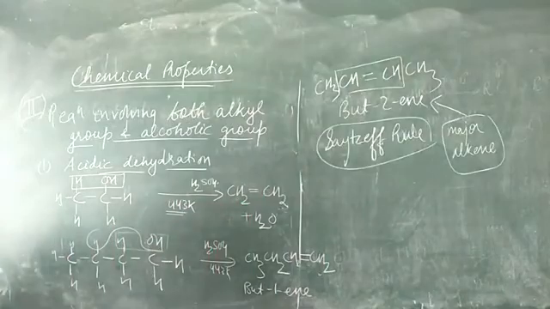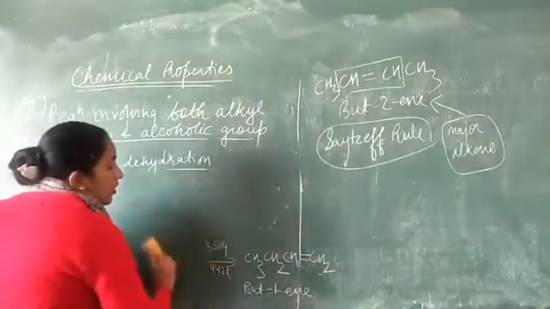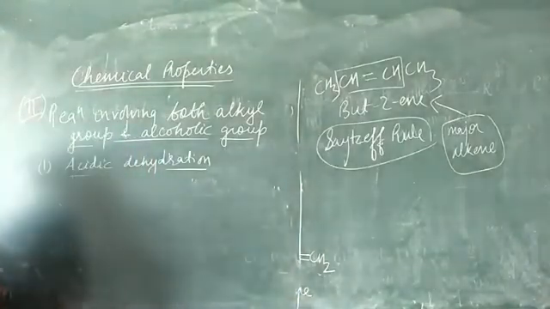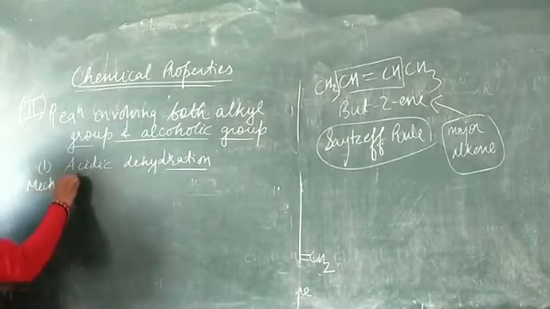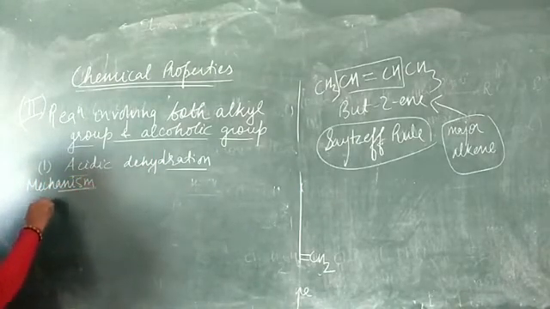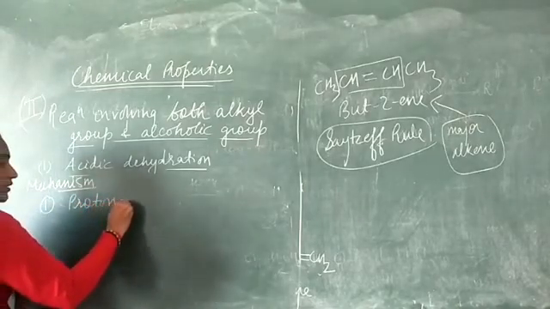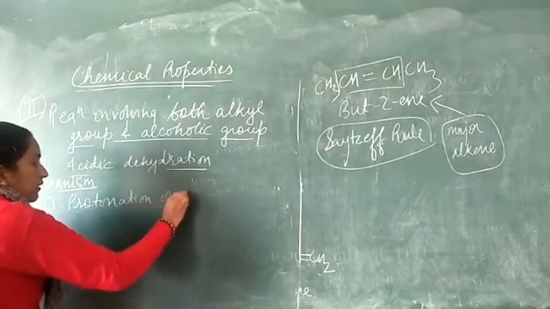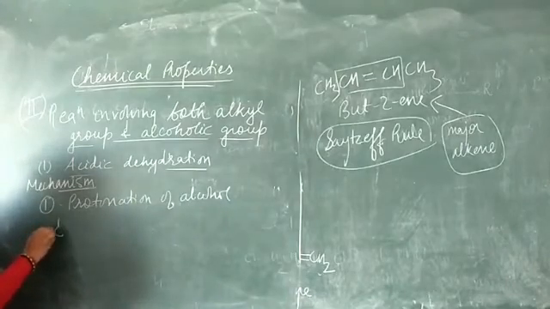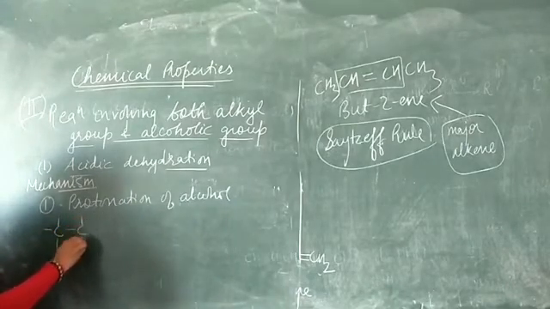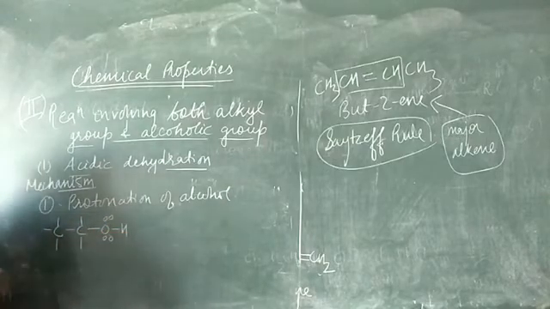Right, now students, we will discuss the mechanism of the acidic dehydration of alcohol. Coming to the mechanism, the first step is the protonation of alcohol. Let's take CH3CH2OH.